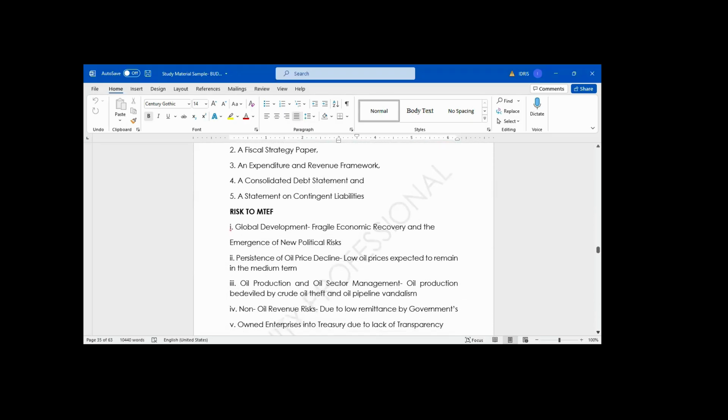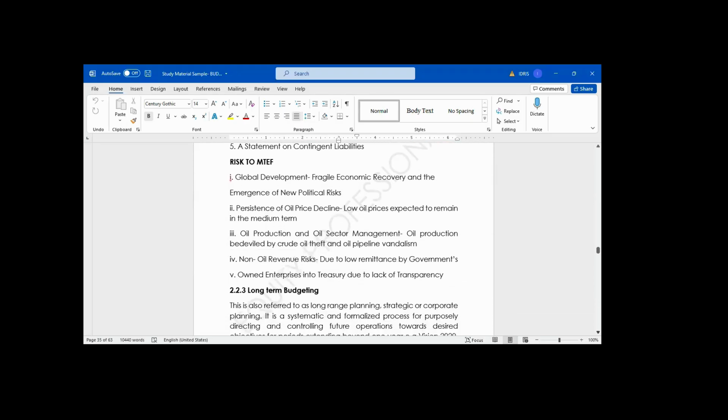Now, we mentioned last week again the risks associated with the medium-term expenditure framework. One of the risks that can affect the projected revenue or projected expenditures of the medium-term expenditure framework is persistent oil price decline.